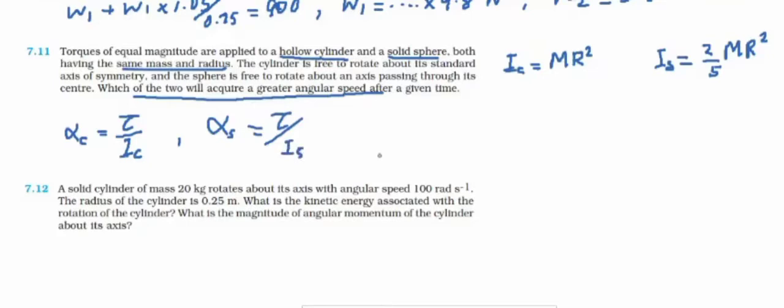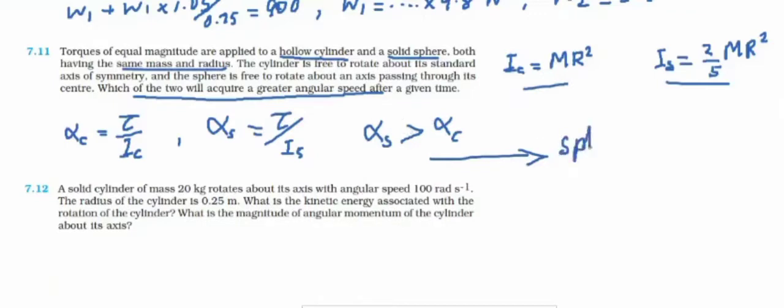So from this, substitute the values, equations of Ic and Is. Then observe the equations, you can see alpha S is greater than alpha C. So sphere has more acceleration. At a given time, the sphere acquires greater angular speed. So your answer is sphere.